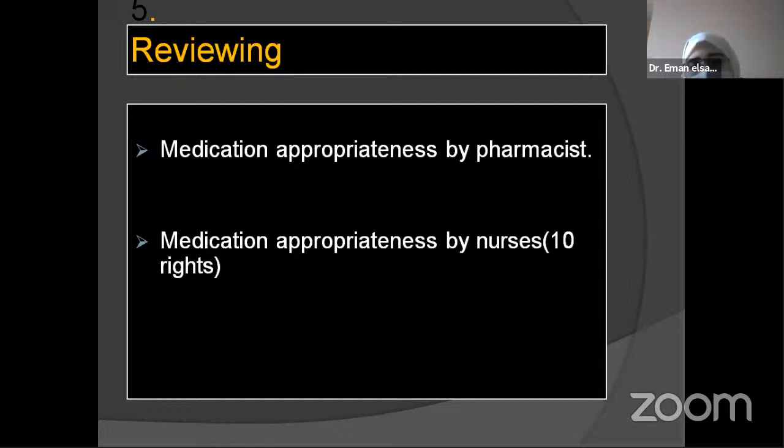Right patient, right dose, right frequency, right medication, right to refuse, right documentation. This is all the role of nursing that must be done before administration of medication to the patient. All these ways lead to decreasing the errors that result from medication error.